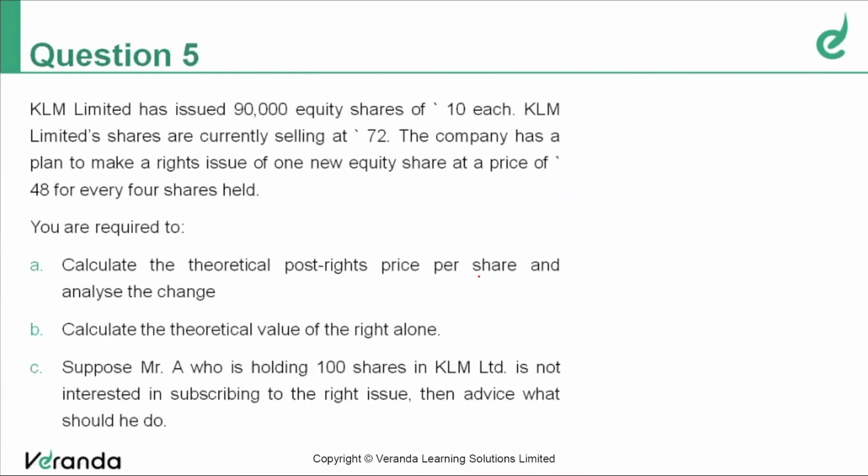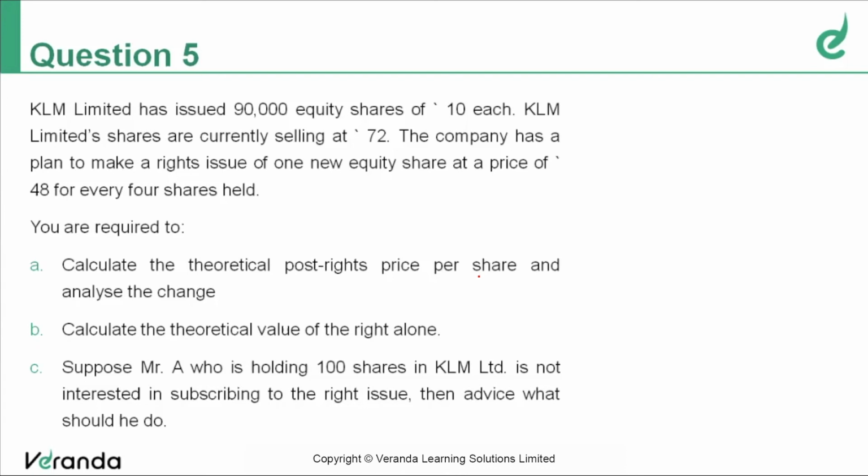Now, question number 5. One of you please read out question number 5. KLM Limited has issued 90,000 equity shares of rupees 10 each. KLM Limited's shares are currently selling at rupees 72. The company has a plan to make a rights issue of one new equity share at a price of 48 for every 4 shares held.